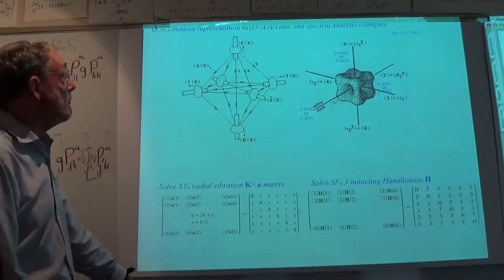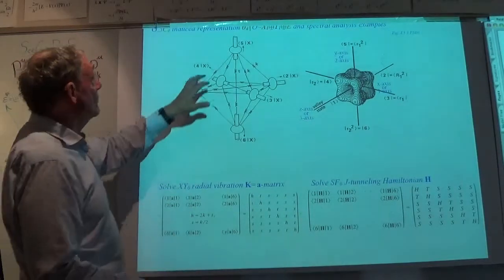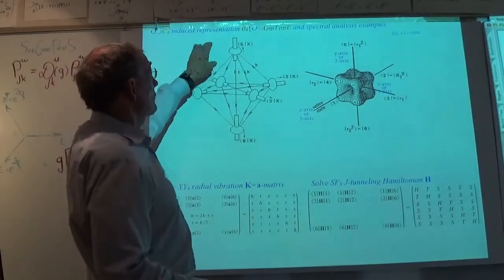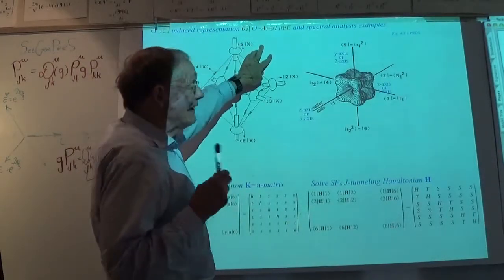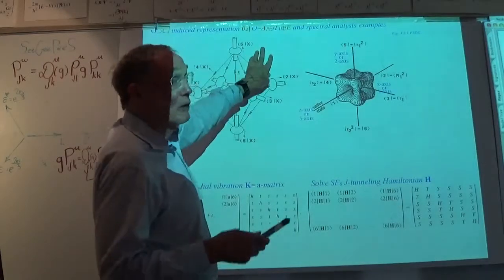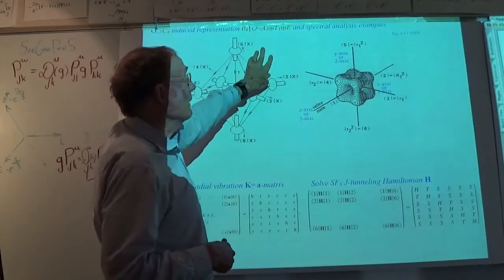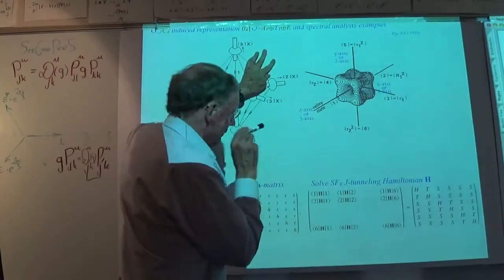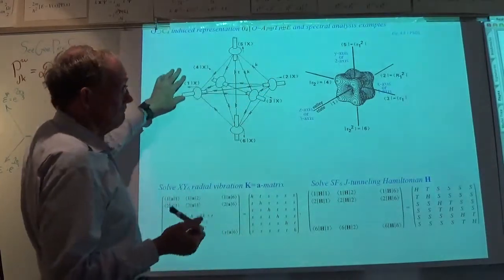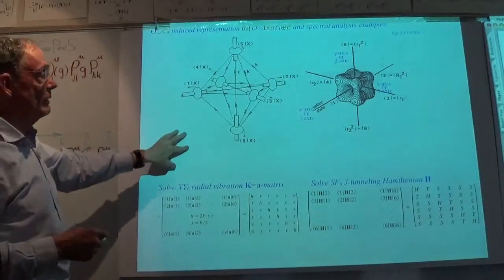Okay, as I said, today we're interested in a particular induced representation. We're also interested in studying what is an induced representation more clearly. That's one of the main reasons that I picked this example, because I think it's the most lucid example of that.